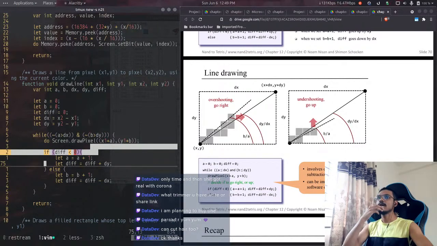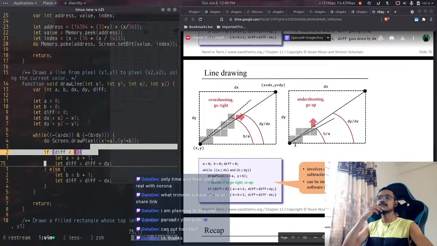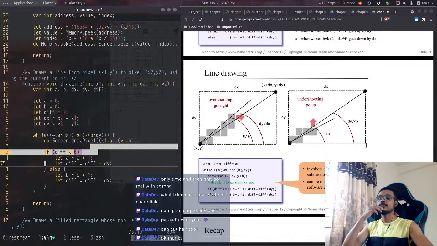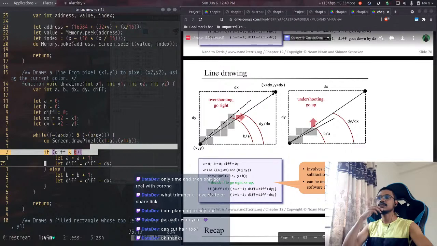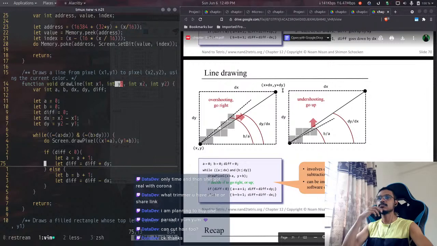Wait, I mean in this case x is going to increase but y should decrease, isn't it? I mean x1 will be less than x2 but y1 will be greater than y2 because the point is here and it goes up to here. So if I add it like this, does it work?